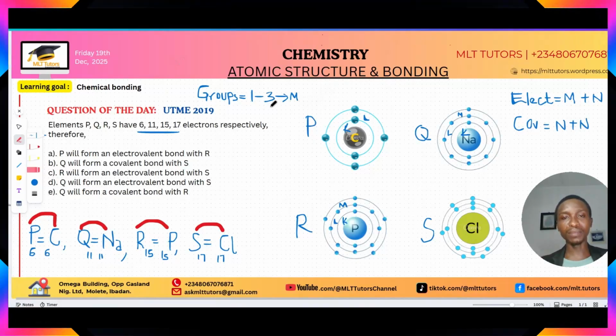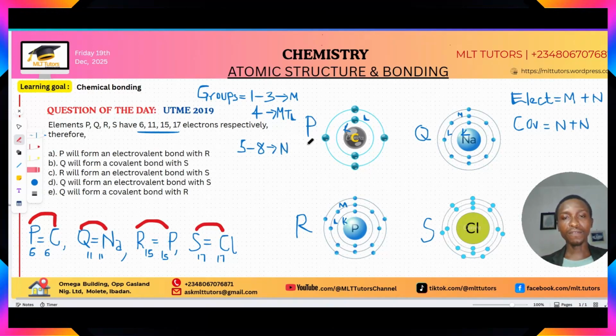Metalloid means they can behave both as metal and as non-metal. So metalloid, let's just represent that by MTL. Group 5 to group 8, these ones are non-metals. So let's represent that with N.